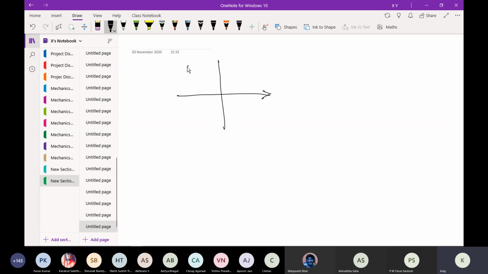So we have something out here. I am considering a point S. I wish to check if this S lies on the root locus.